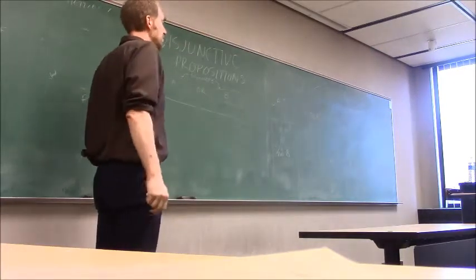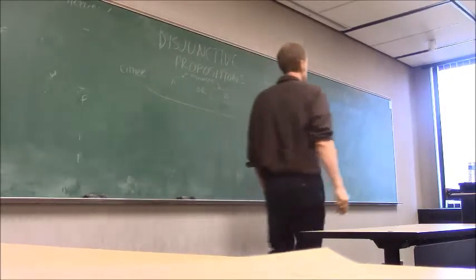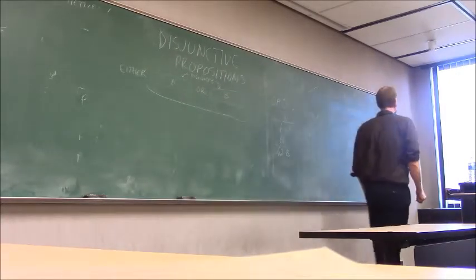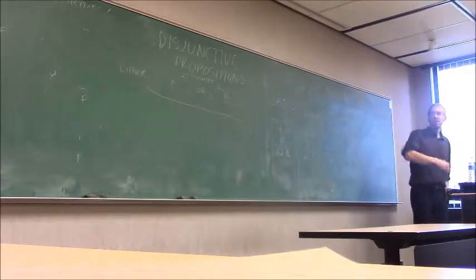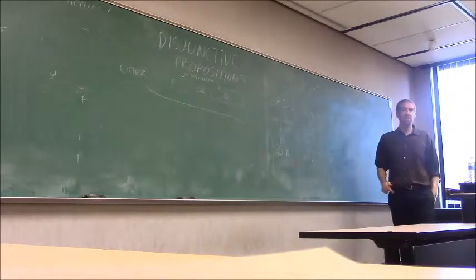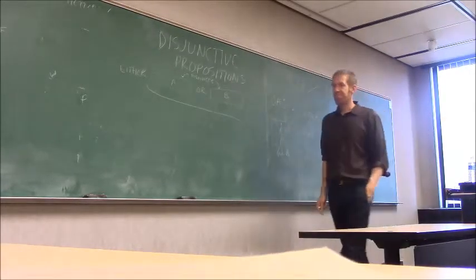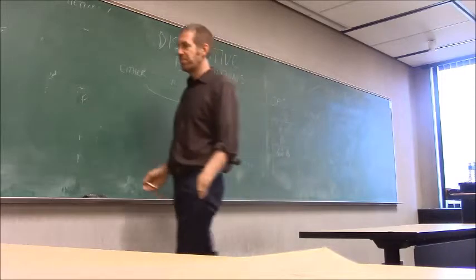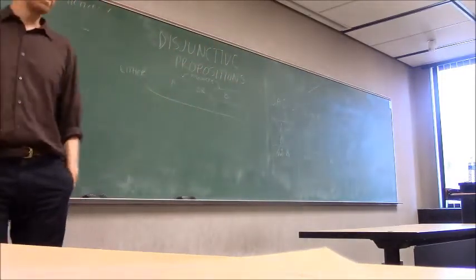I think we spent at least 2 classes talking about categorical propositions. That's pretty much all there is to say about disjunctive propositions. There is one more thing to say, which is that although they don't really come in non-standard form.